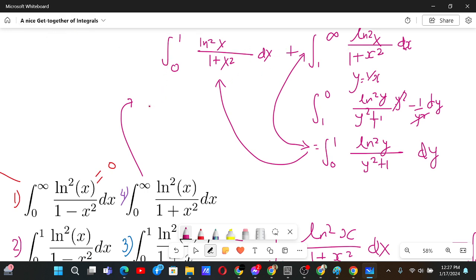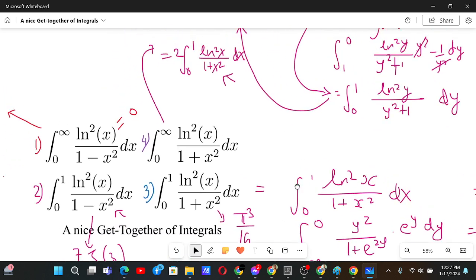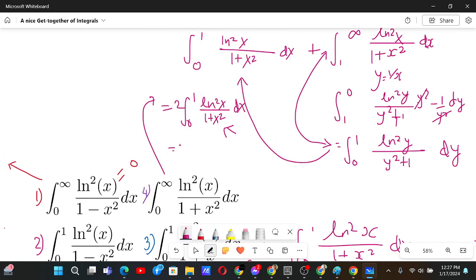So that's why the sum of these two will be twice the integral from 0 to 1 of ln square x by 1 plus x square dx. Now we have already solved this integral, and the answer was pi cube by 16. So this is 2 times pi cube by 16. So the answer is pi cube by 8.